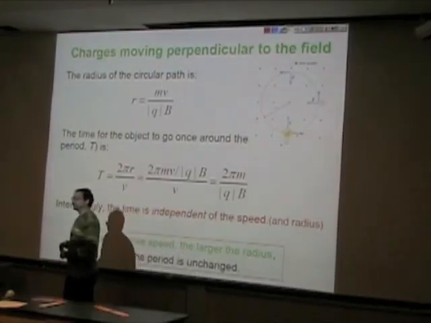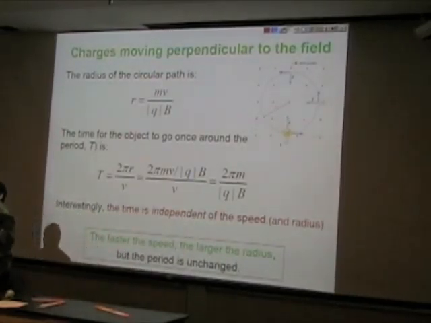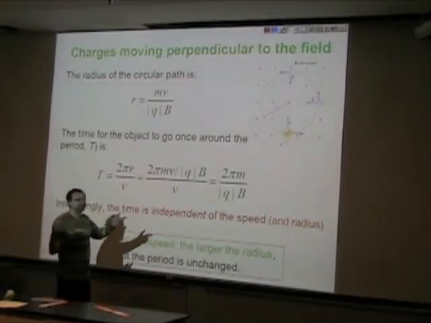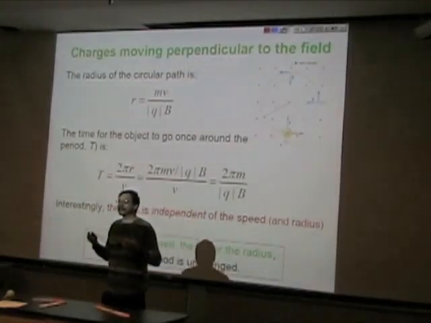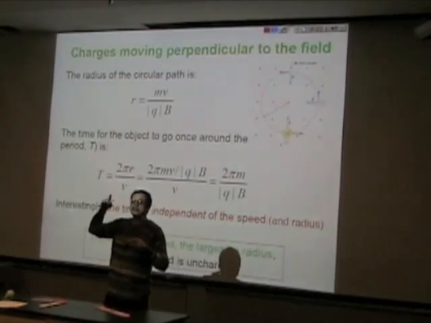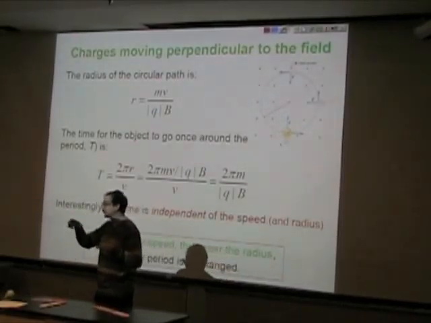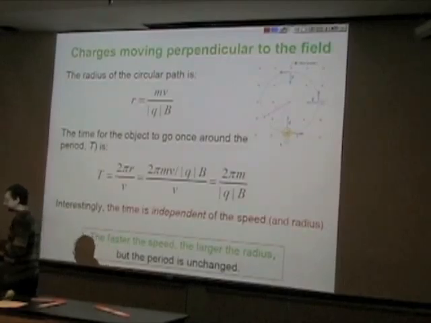So 2 equal particles, 2 protons, for example, traveling in the same magnetic field must have the same period because they have the same m, the same q, the same B, and the period doesn't depend on velocity. Of course, one particle might make a large circle and another might make a smaller circle.